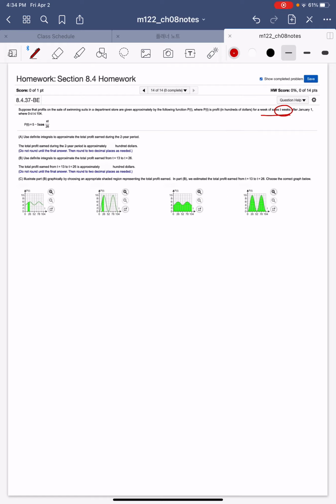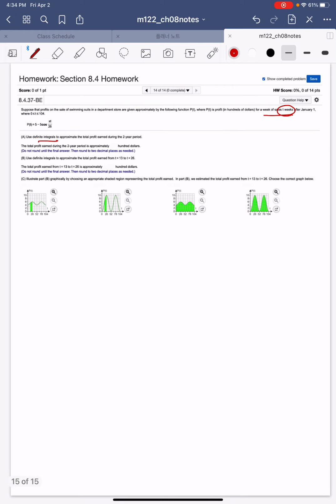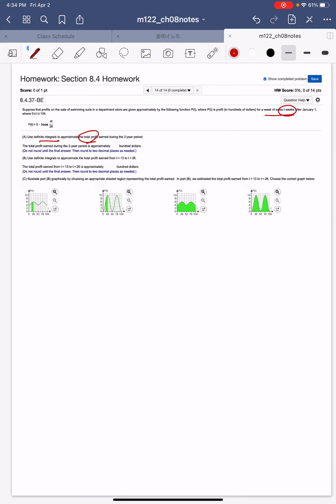So t represents the number of weeks. And our function is 5 minus 5 cosine pi t over 26. Use the definite integral to approximate the total profit during the 2-year period.